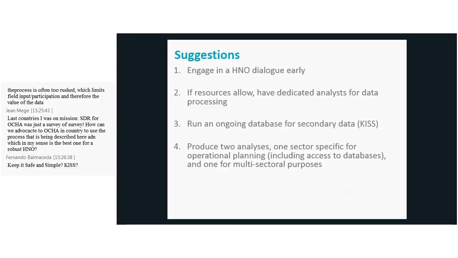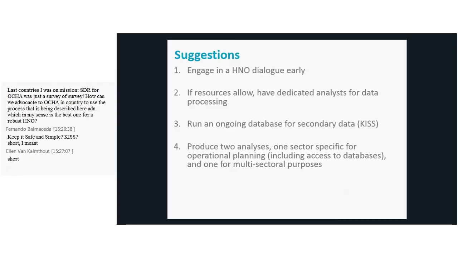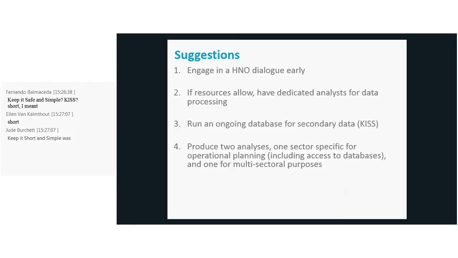It talks about big data. That is not so useful for your partners within the cluster and the organizations on the ground. So you should have your own operational part, as someone mentioned here. It's actually like you have two HNOs. One that goes up and one that goes down. These, however, should be linked together.